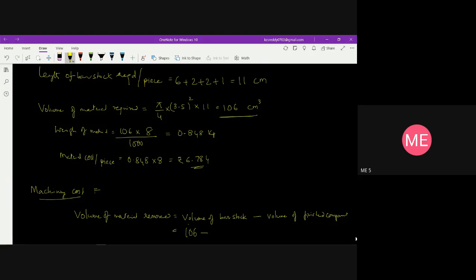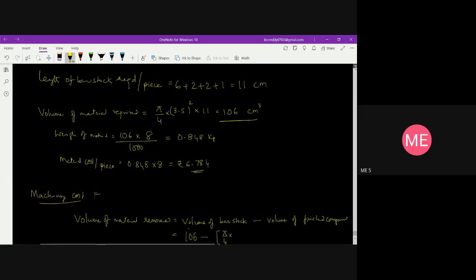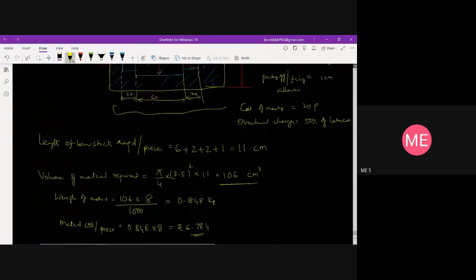So volume of the finished component, if you take, it is pi r square. Here the diameters are given, so pi d square by 4, because these are all cylindrical objects.